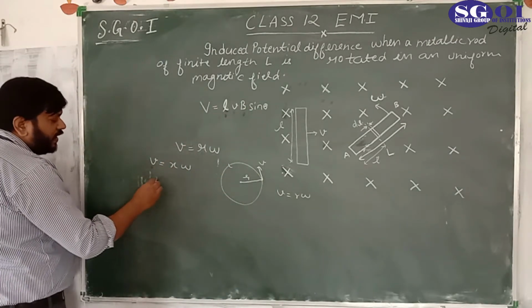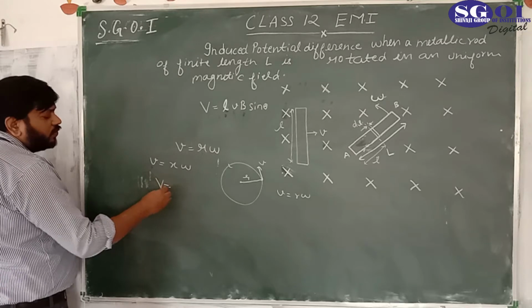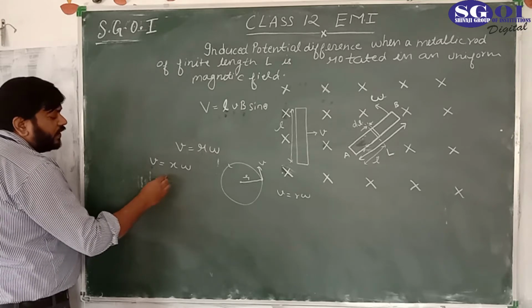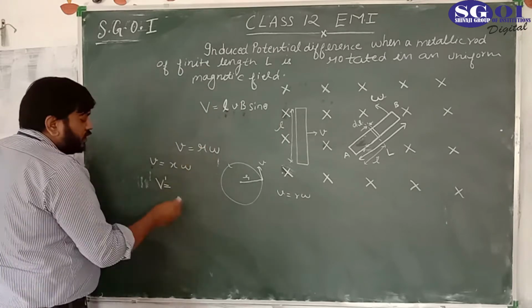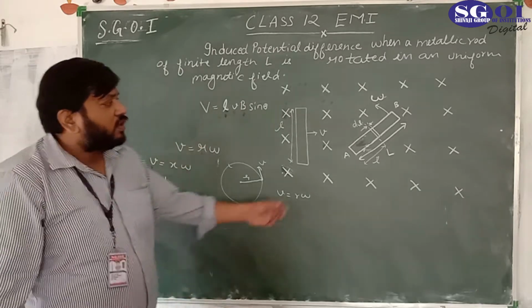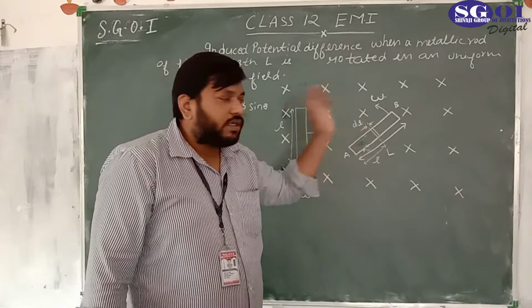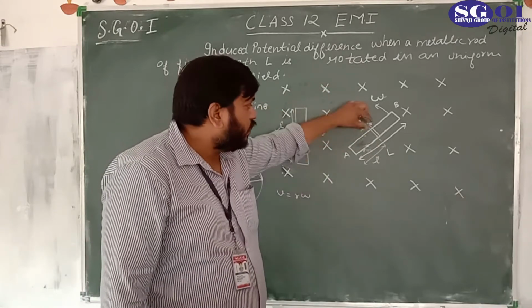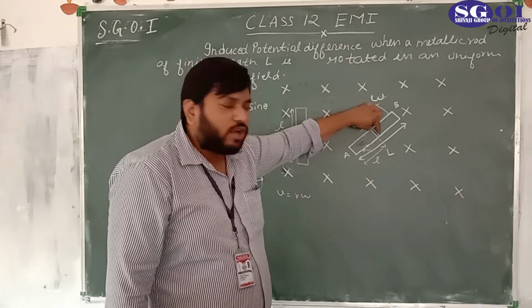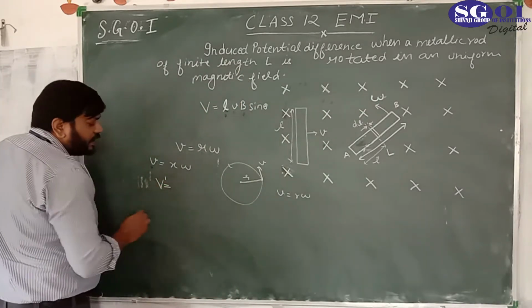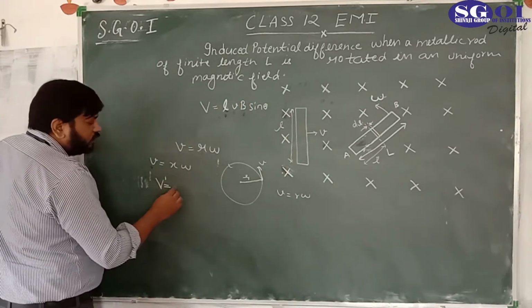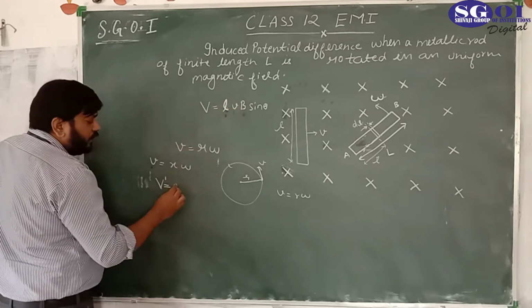Here we can say v dash, because v dash is related to this small part. The EMF induced is for this small part only, so it is represented as v dash, and v dash equals vB.